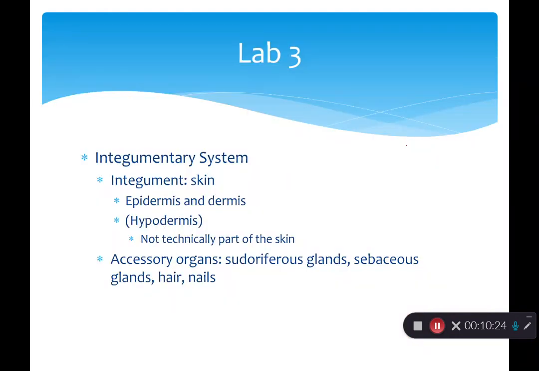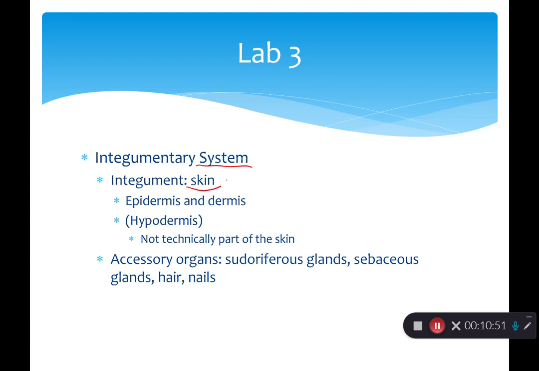Our next topic is the integumentary system. So we just finished talking about tissues. Tissues are two or more types of cells with a common function. You put two or more types of tissues with a common function together and you get an organ. Put multiple organs together and you get an organ system.